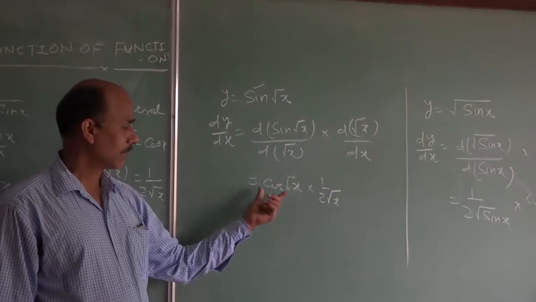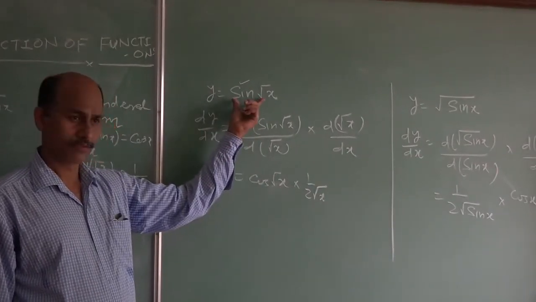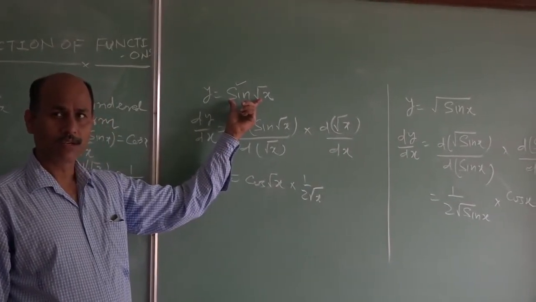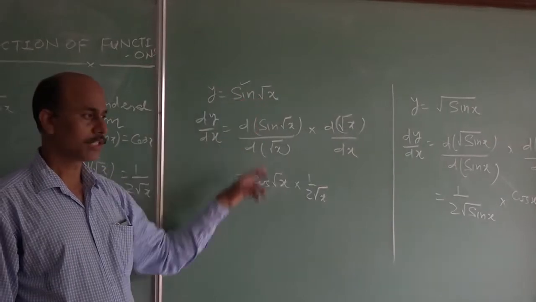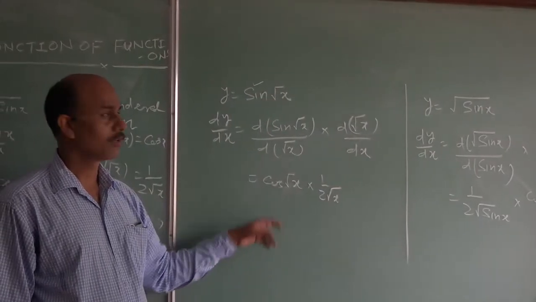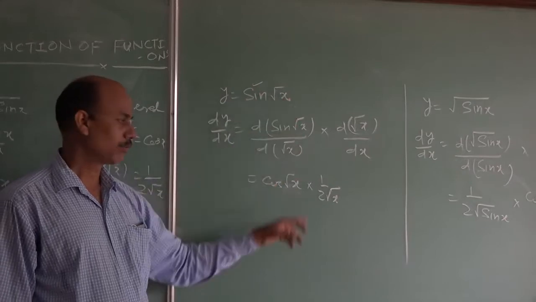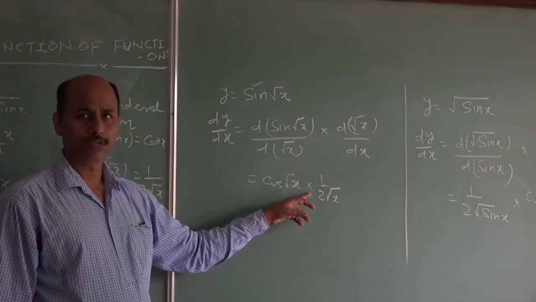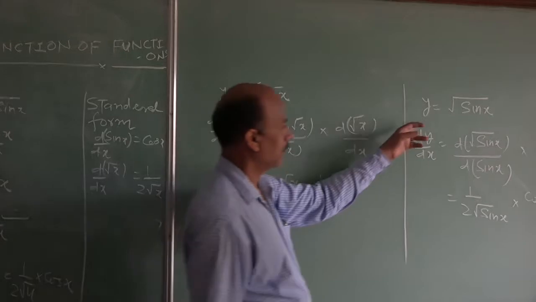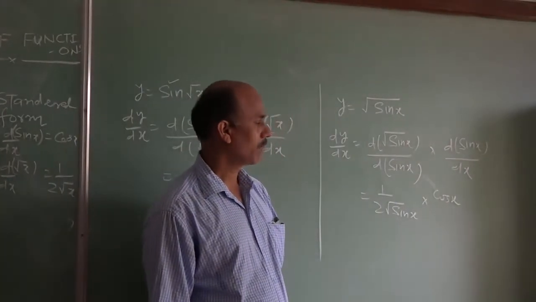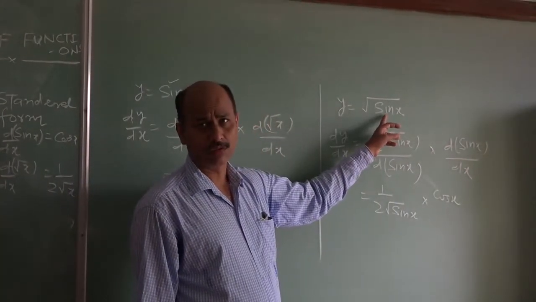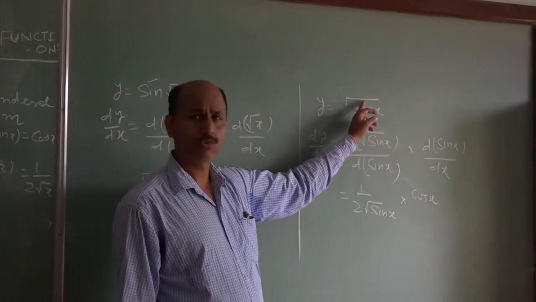But you have to take care that you do this differentiation one by one. First do the first function according to the standard rule, then go to the second function and do it again according to that rule. The next one is y is equal to root under sine x. Again, directly, you notice your first function is the square root one.